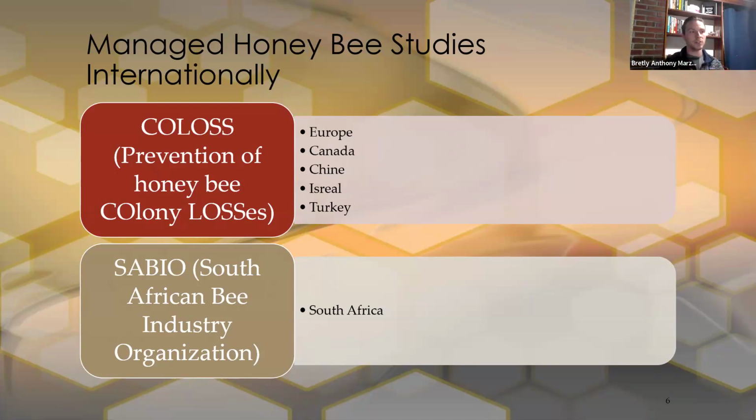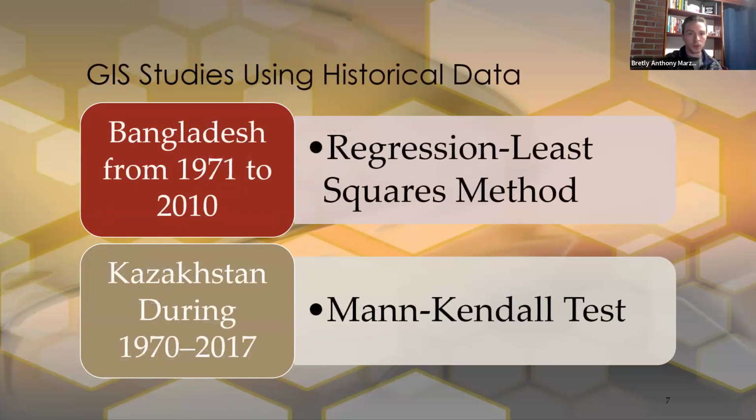So this led me to dig into how other studies have looked at the historical data and how they map that. There were two studies that I really focused on to help me figure out how I wanted to answer this research question. So the first was a research study in Bangladesh.